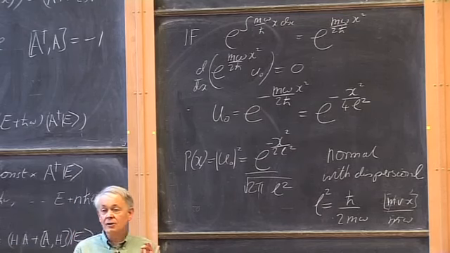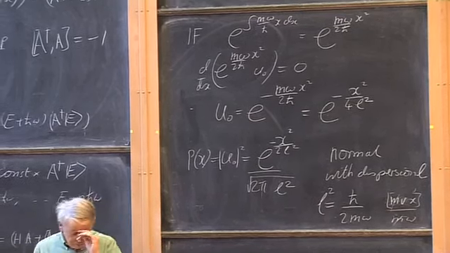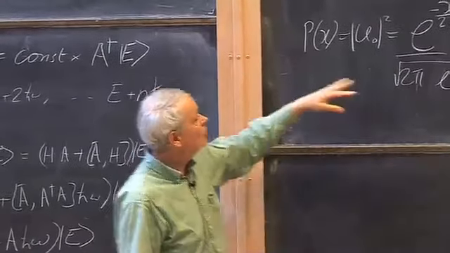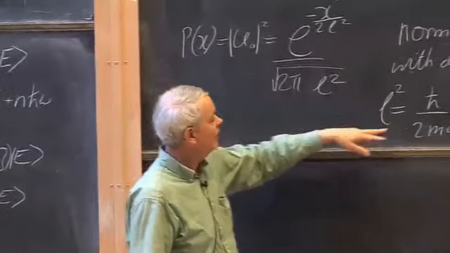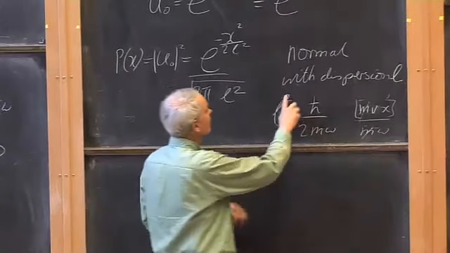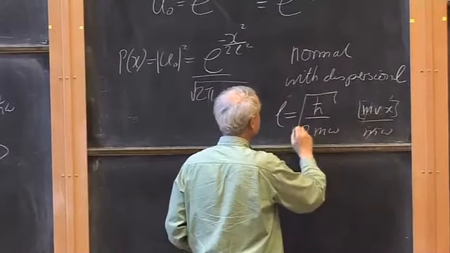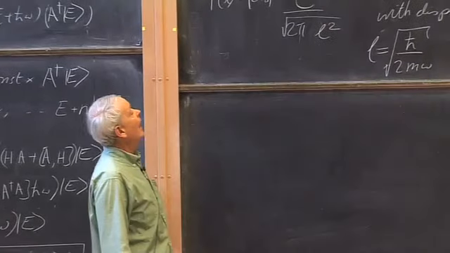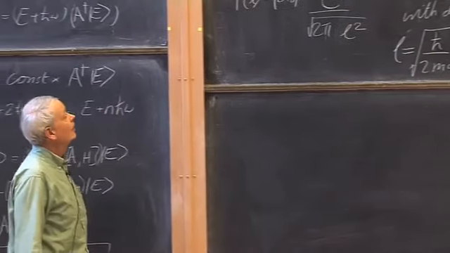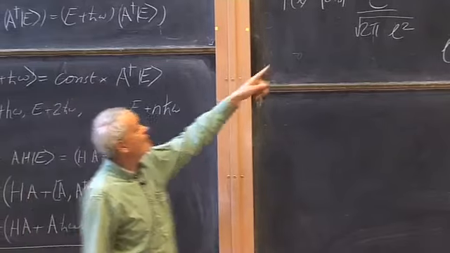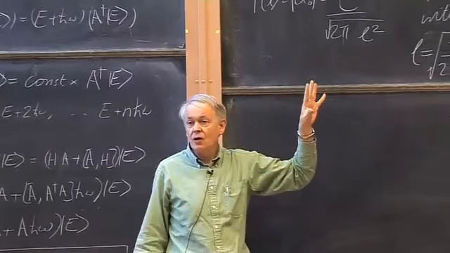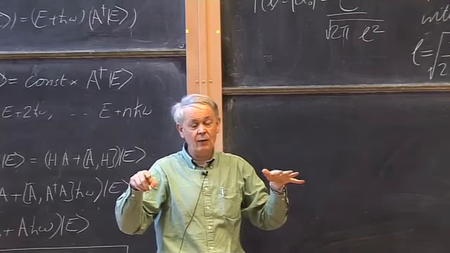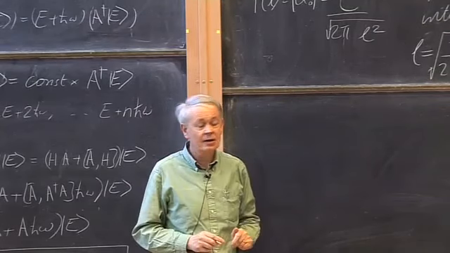So what have we learned? We've learned that the ground state of a harmonic oscillator has a wave function which is a Gaussian with a characteristic width given by this. We've already studied distributions of particles which have wave functions which square up to Gaussians.